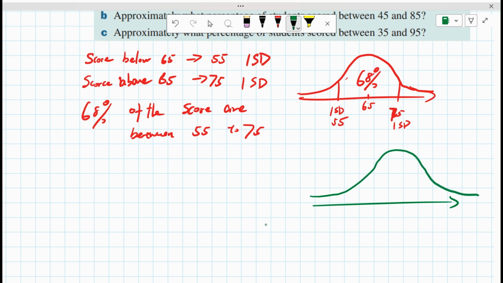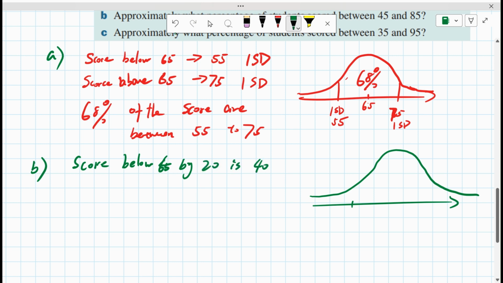The score below 65 by 20 points is 45, and the score above 65 by 20 is 85.